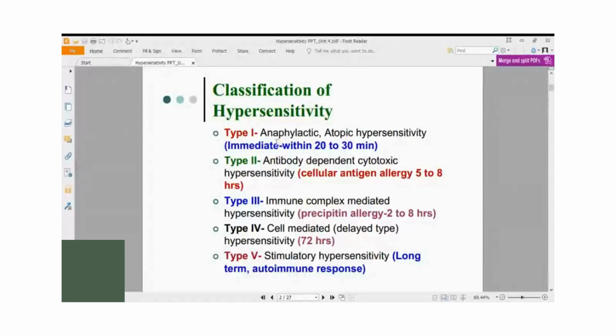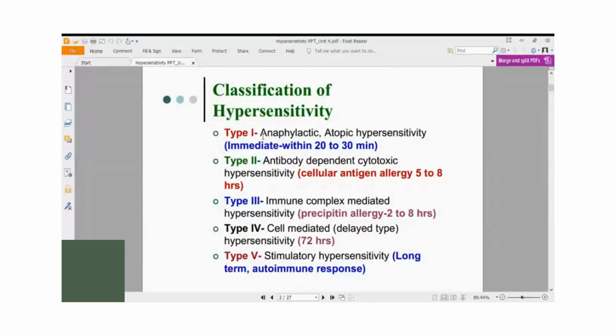And the anaphylactic reaction, or type 1 hypersensitivity, is majorly brought about by IgE antibody. I had mentioned that this antibody is also called reaginic antibody, which causes different types of allergies.